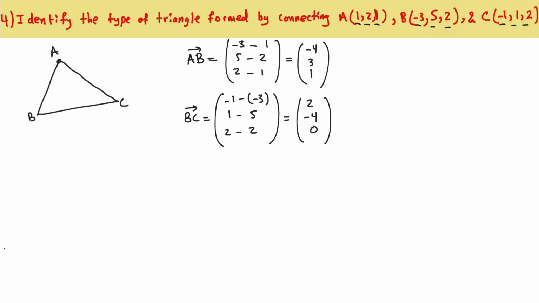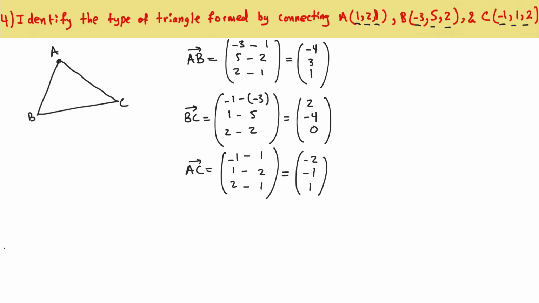Finally, for vector AC, I'm going to take the x, y, and z components of point C, which are -1, 1, and 2, and subtract the x, y, and z components of point A, which are 1, 2, and 1. We get -1 minus 1 is -2, 1 minus 2 is -1, and 2 minus 1 is 1.